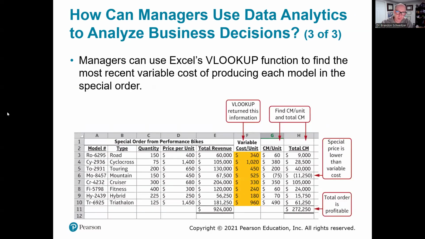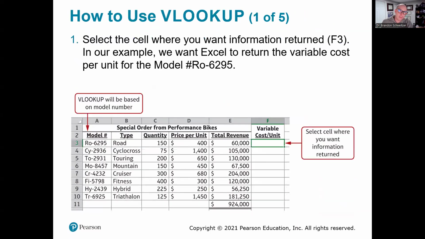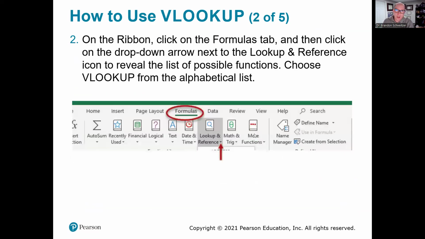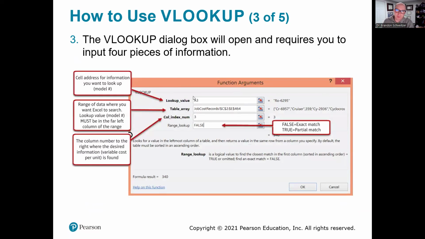Management then uses a VLOOKUP in Excel to find the most recent variable costs of producing each model. That's one area where Excel comes in handy. Not one of my favorite functions, but it is very valuable to management when we're dealing with large data sets like this. As for the process of how to use the VLOOKUP: we select the cells where we want the information to be returned, then go to formulas, select lookup and reference, and put our values in.